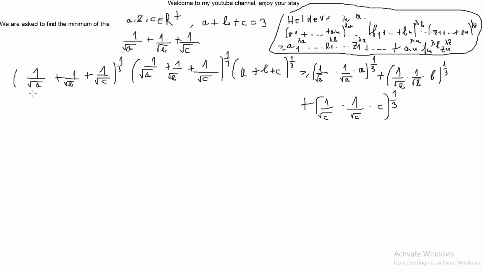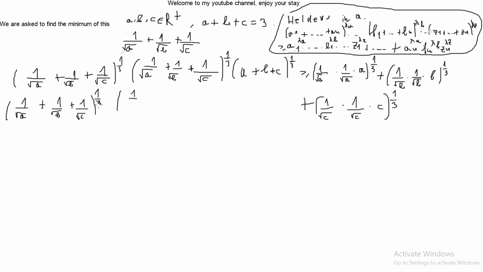So let me, okay, I need to rewrite the entire expression. This is a bit nerving, but it's fine. Plus 1 over b plus 1 over c. I have to write the entire expression just to fix the right side.